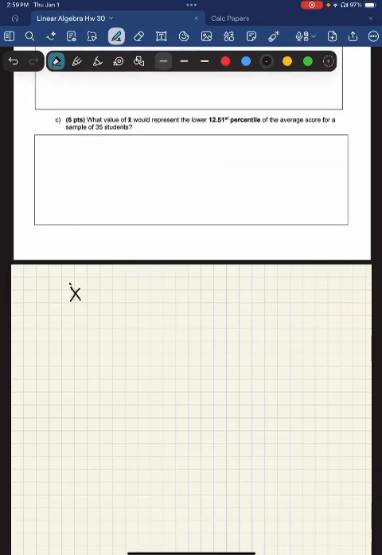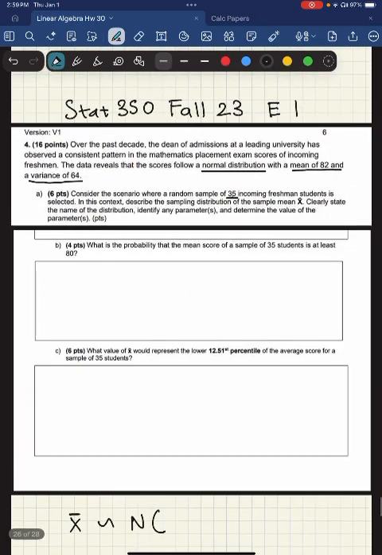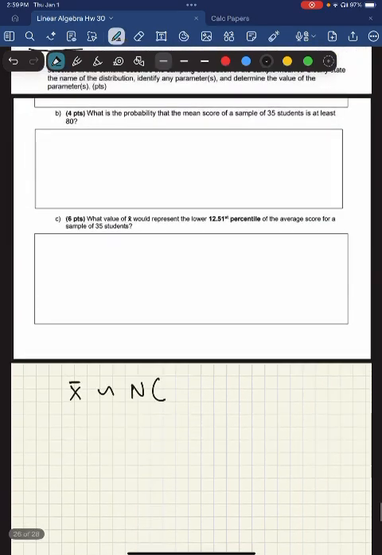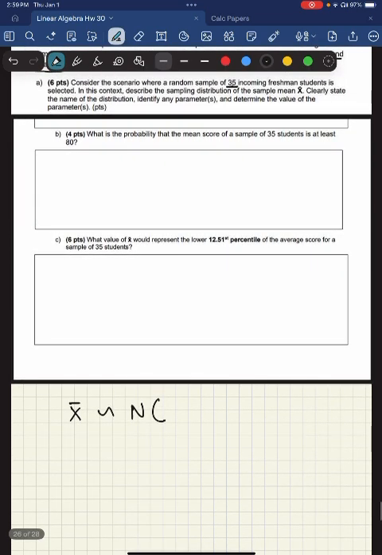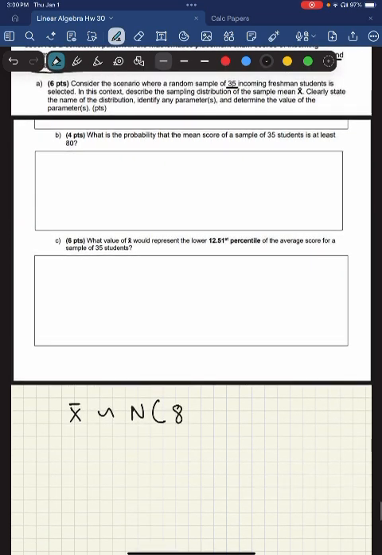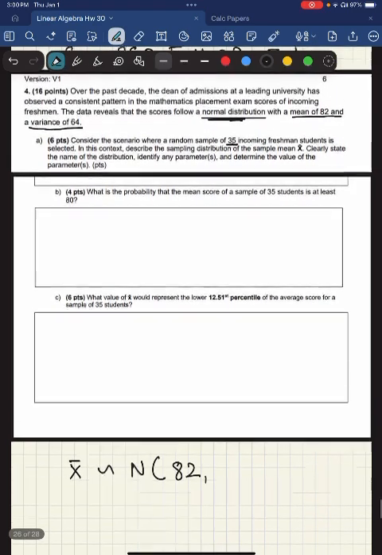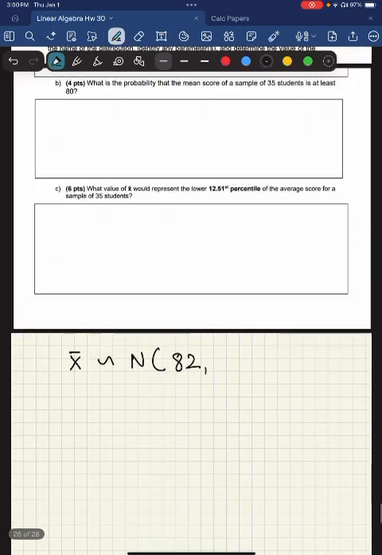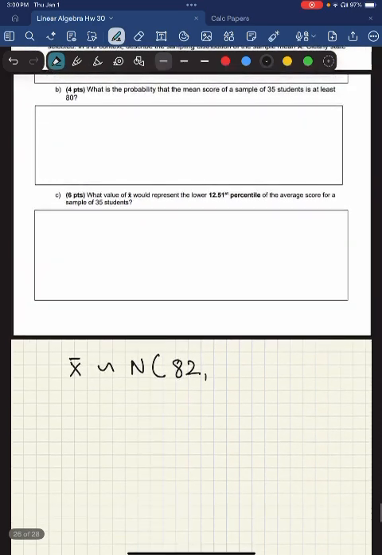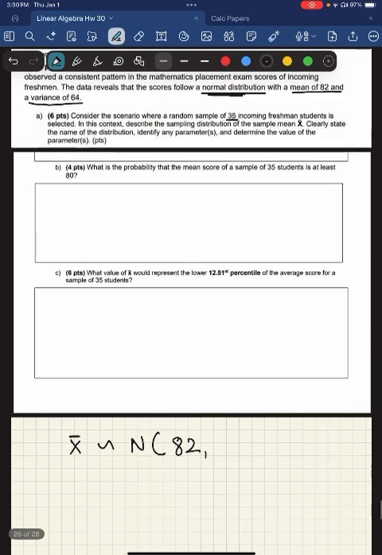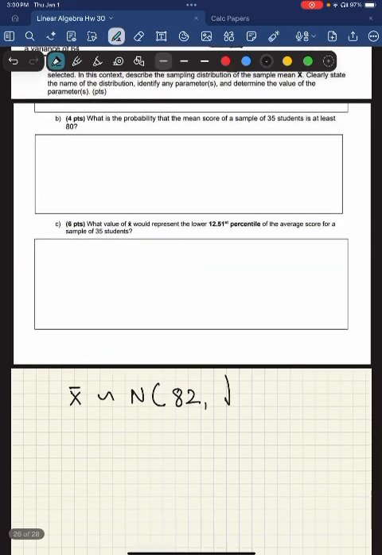So x bar, which is the sample mean, will also follow a normal distribution. This is because the population follows a normal distribution, so the sample mean must follow a normal distribution. The mean of the sample mean is equal to the population mean of 82, and the standard deviation is the square root of the population variance over n, 35.